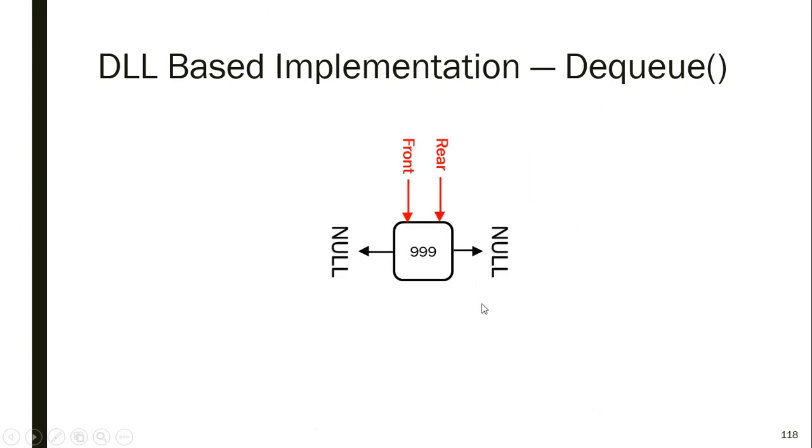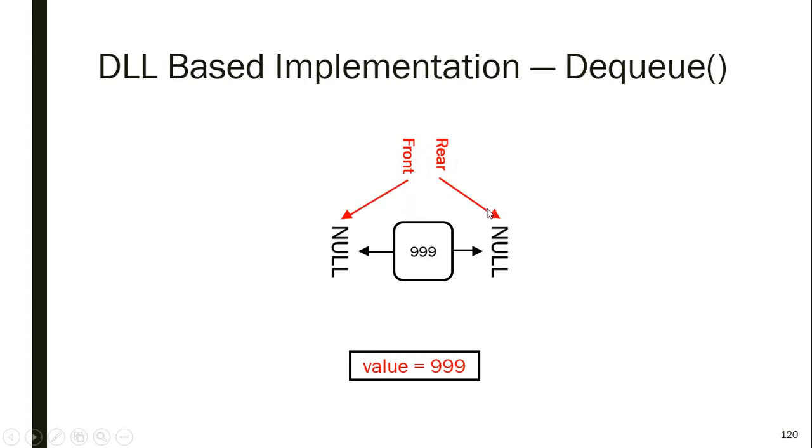For example, if there was only one value in the list, what will be the algorithm? You see, if there is only one value, its left and right pointer, or in other words forward and backward pointer, or next and previous pointer, you can use any name, will point towards null. You will first save this value, and then if you remove it, front and rear will both point toward null.